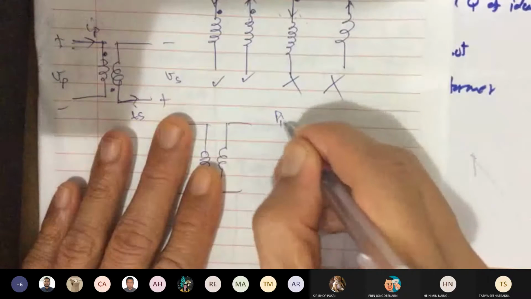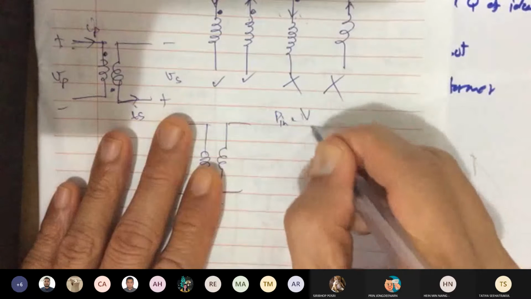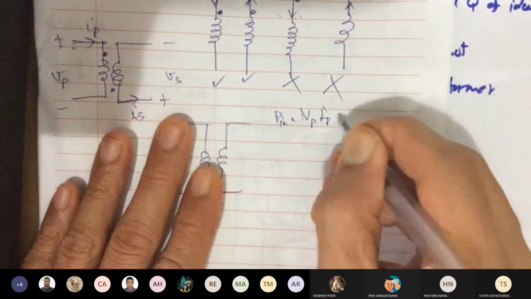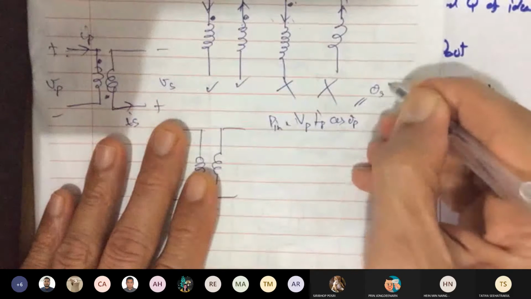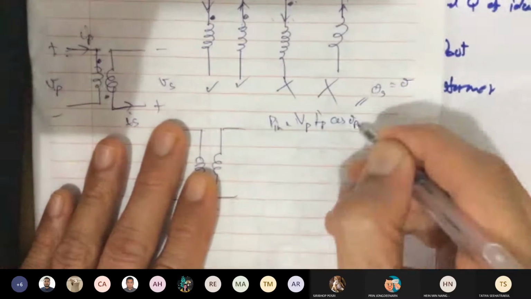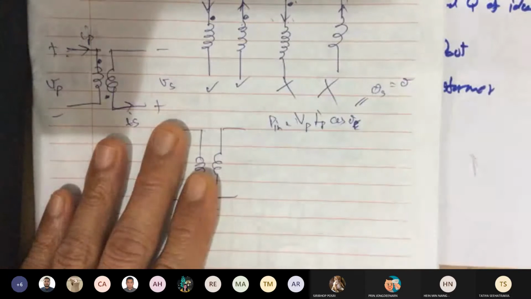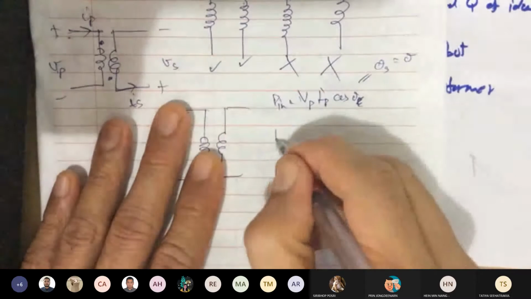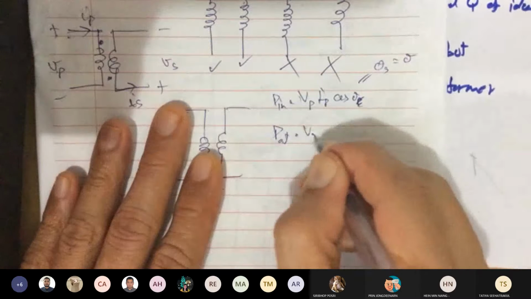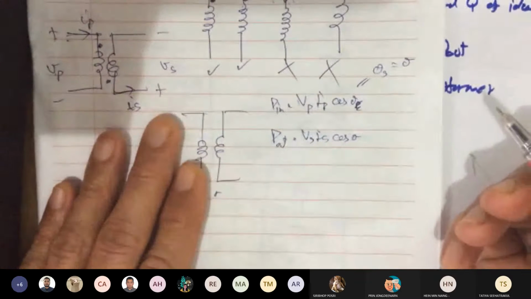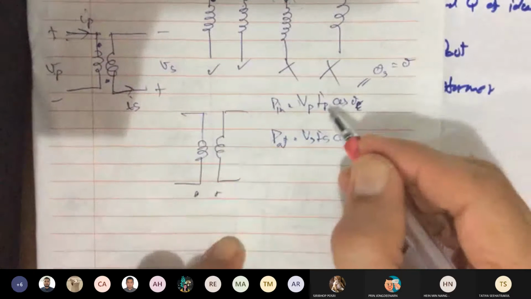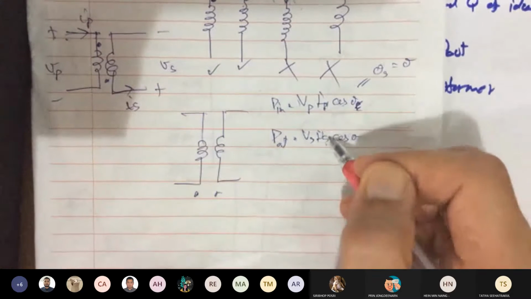You have P in equals VP IP cosine theta P, which equals theta S, which equals theta. So I'm just going to say theta, no subscript. I get output power, VS IS cosine of theta. If it's ideal, both should be the same, and we're going to prove that.